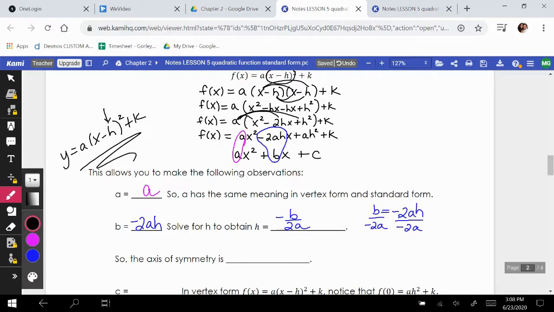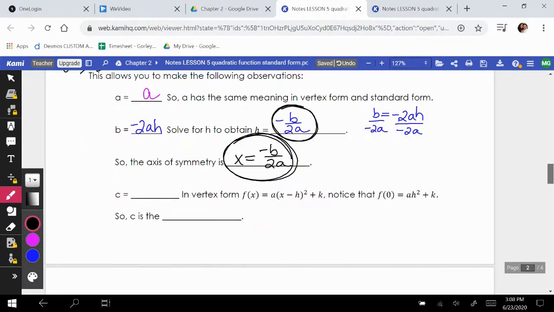So how I find the x value of my vertex in standard form is I use negative b over 2a. The axis of symmetry would then end up being x equals negative b over 2a, because if this is the x value of your vertex, then that same x value should be used for your axis of symmetry.